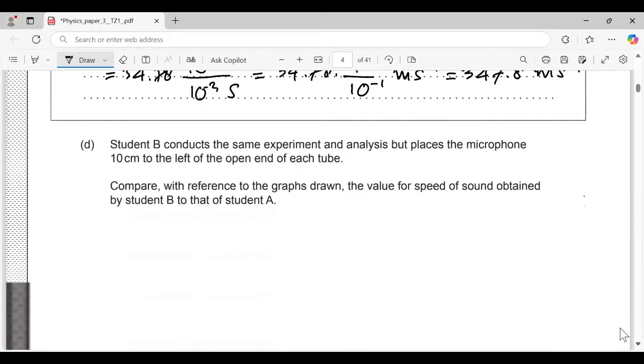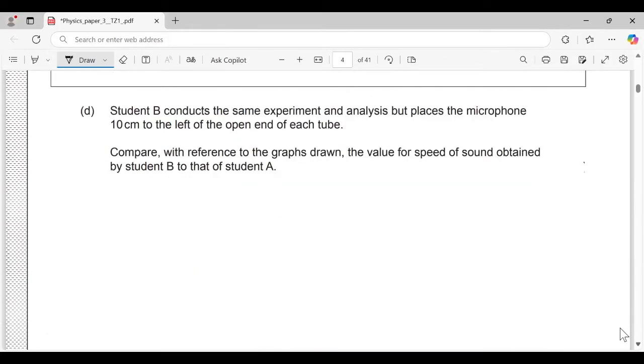Next. Student B conducts the same experiment and analyzes, but places the microphone 10 centimeters to the left of the open end of the tube.